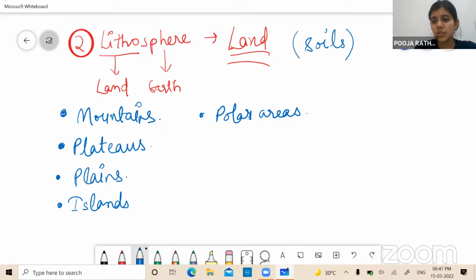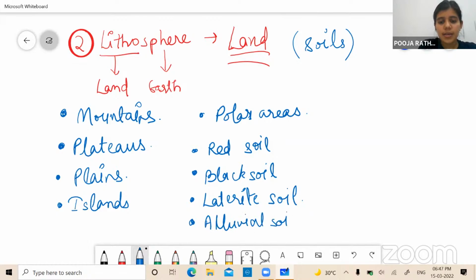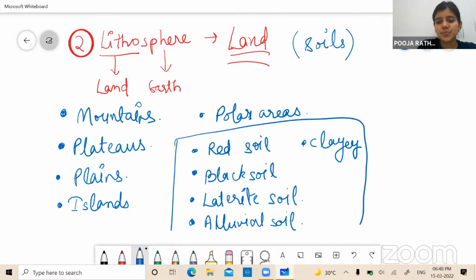So on the basis of soil, they could be red soil, black soil, laterite soil, then they could be alluvial soil, or clay soil. These are the different types on the basis of soils.